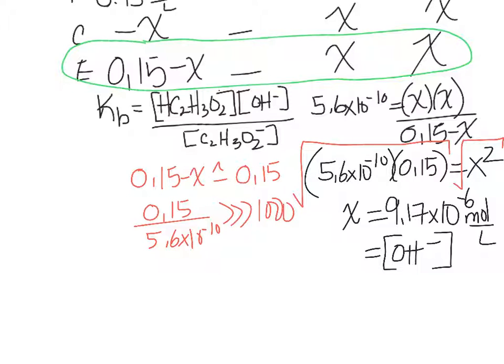So you've got two different ways to figure out your pH. You can calculate 14 minus pOH.